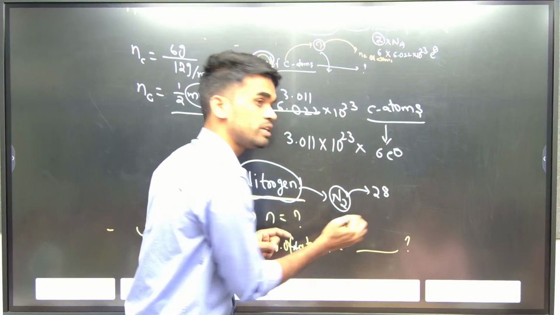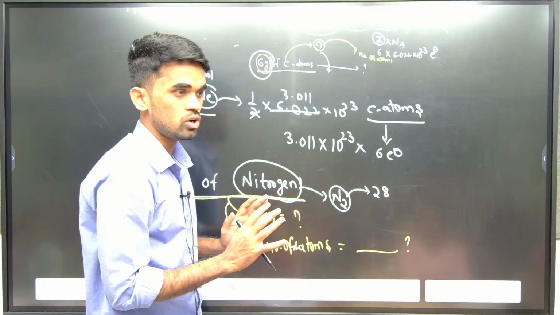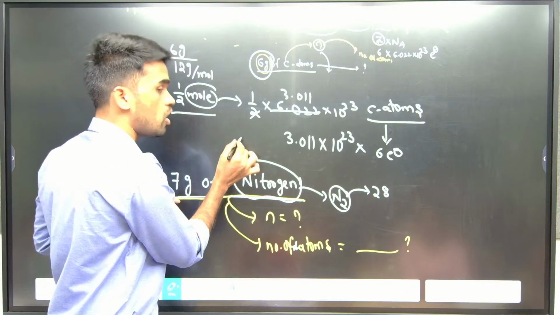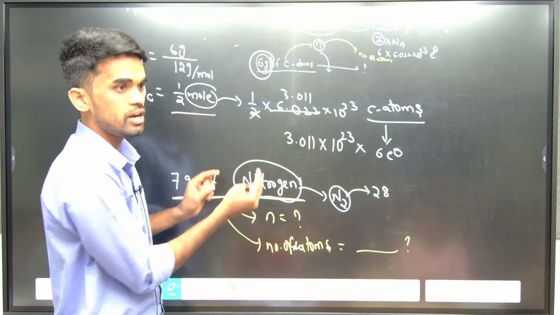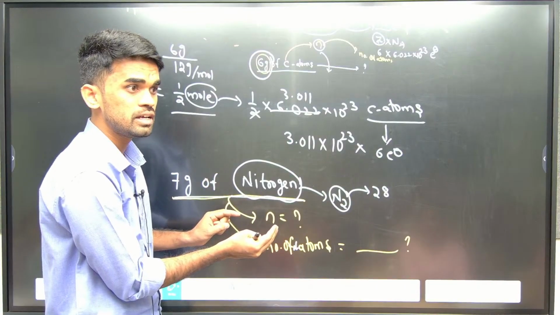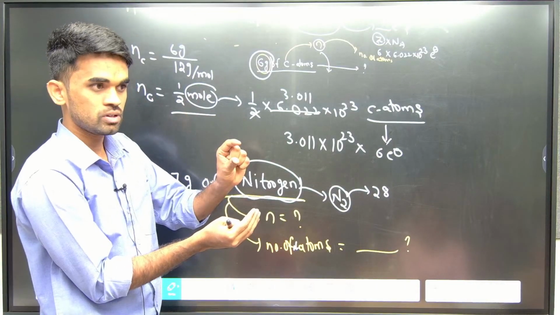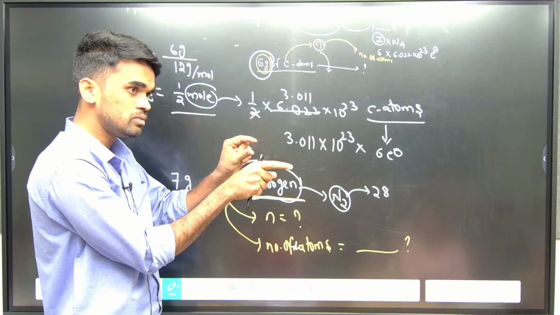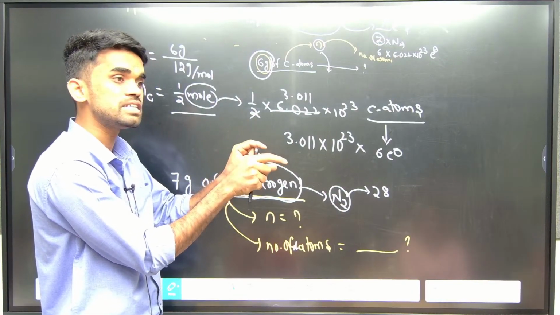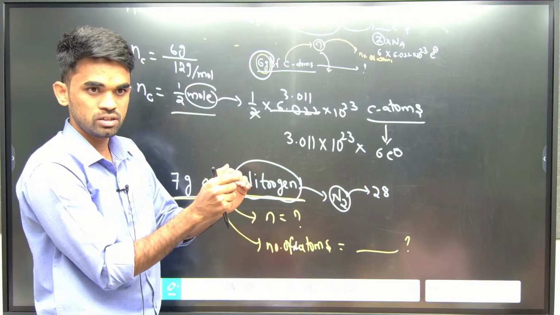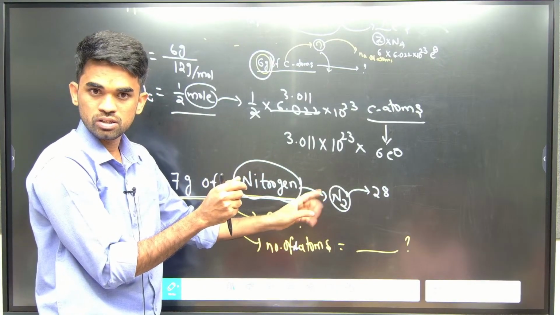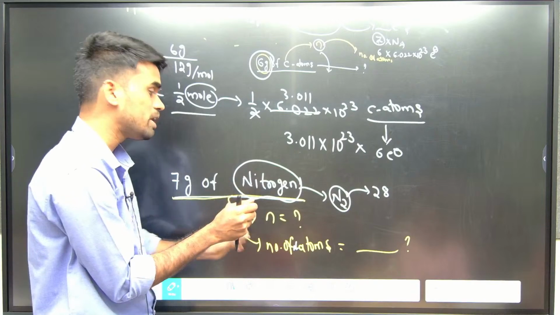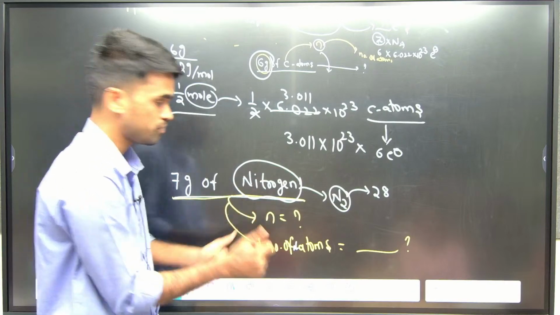So if you take 14, it will be a wrong answer. So whenever they say oxygen, nitrogen, hydrogen like that, you need to consider it as a molecule. If specifically mentioned as nitrogen atom or oxygen atom, then you consider its atomic weight. Otherwise, molecular weight.